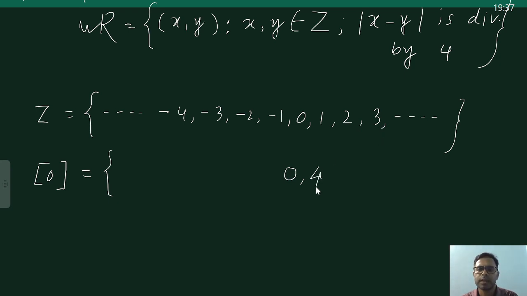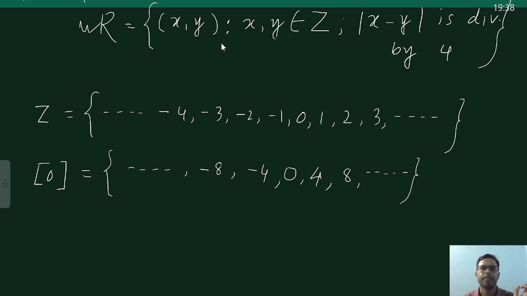Then 5, 6, 7 cannot be taken, but 8 can be taken, because mod of 0 minus 8 is 8 and that is divisible by 4. In the similar manner from the negative side also you can take the element -4 or -8 and so on. So this is the class of the element 0 under the relation.